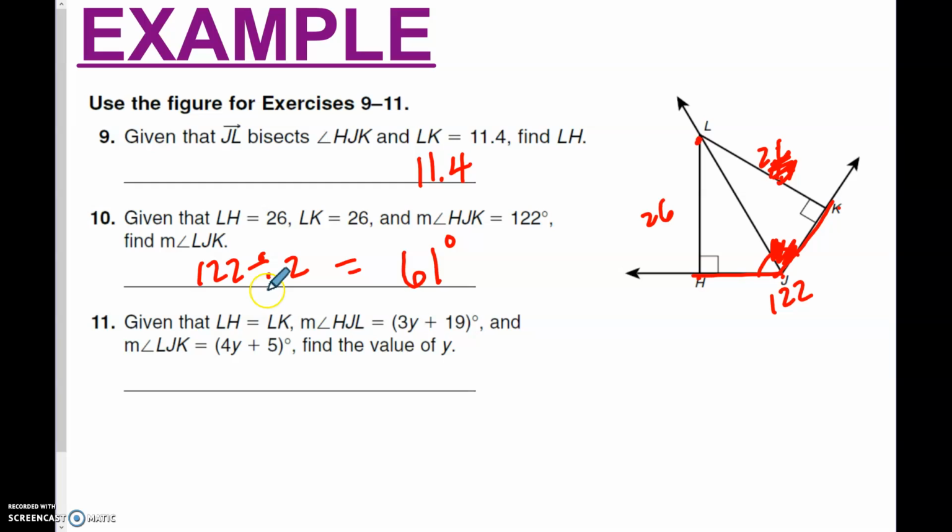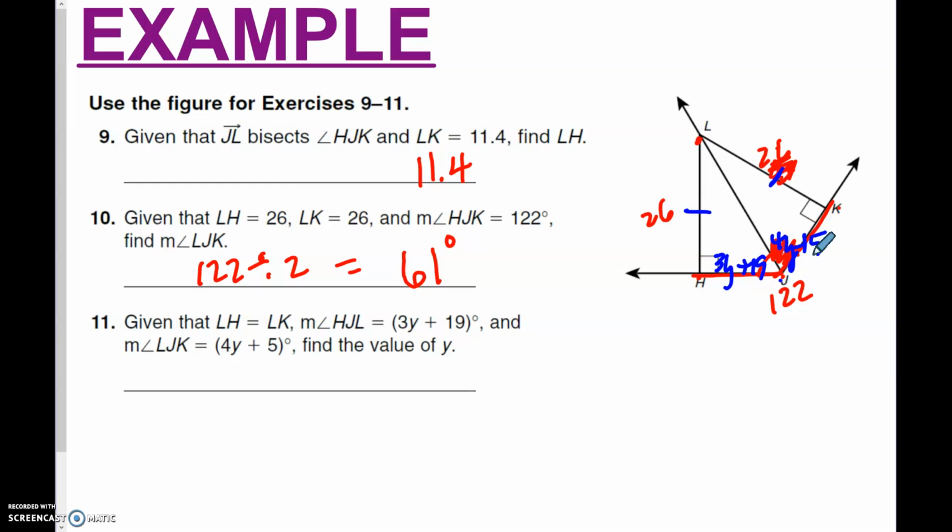So they're telling us that LH and LK are congruent. HJL is 3y plus 19, and LJK is 4y plus 5.